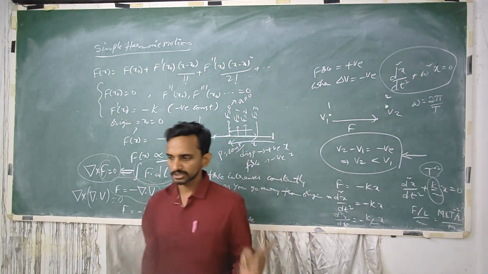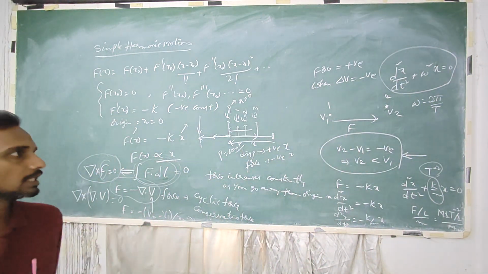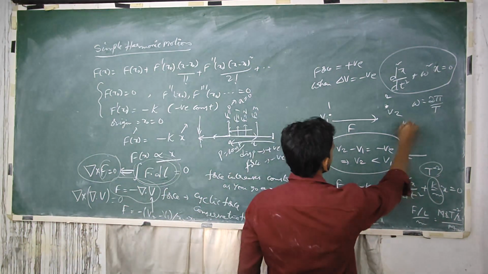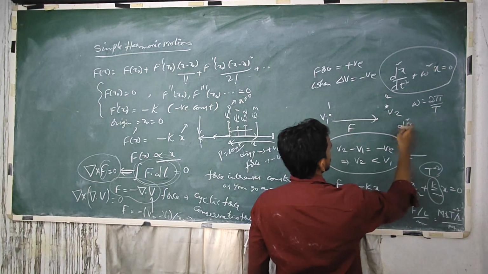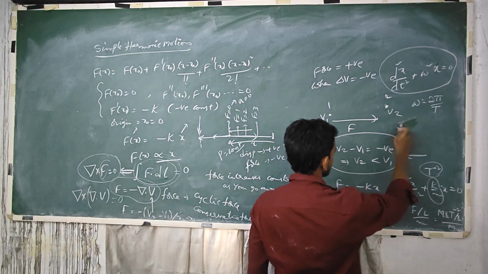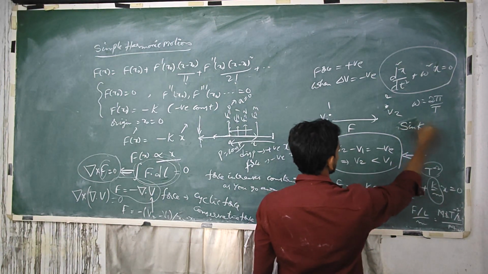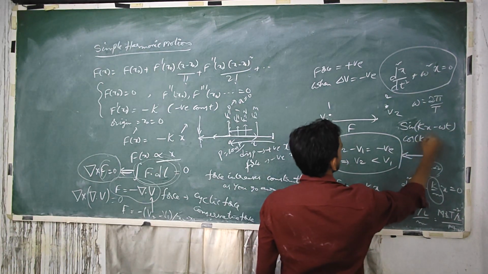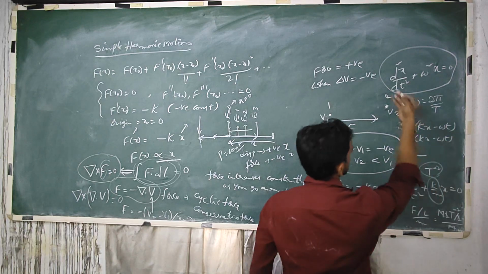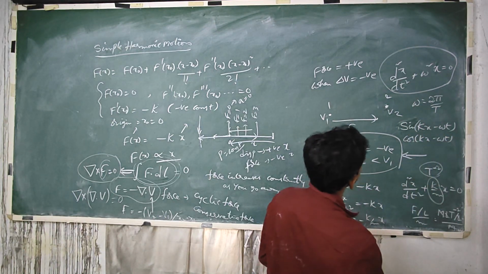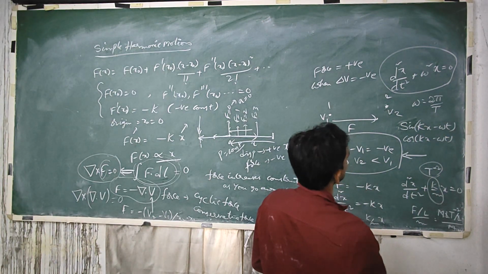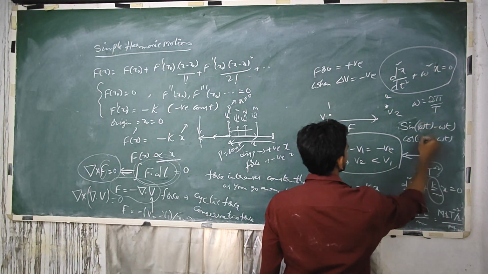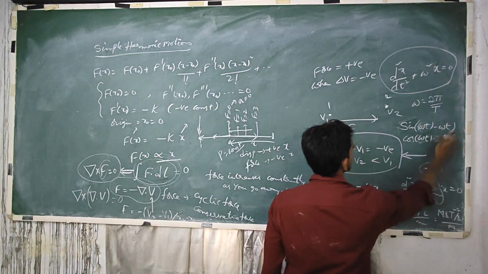So I'm introducing a factor of 2 pi by hand. That part we'll see later. But what is the solution of that equation? If we solve the equation, you get either sin kx minus omega t or cos kx minus omega t. Since it's only a time derivative, you'll have sin omega t as a solution or cos omega t as a solution.